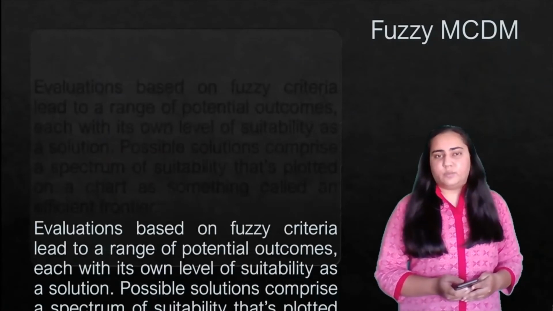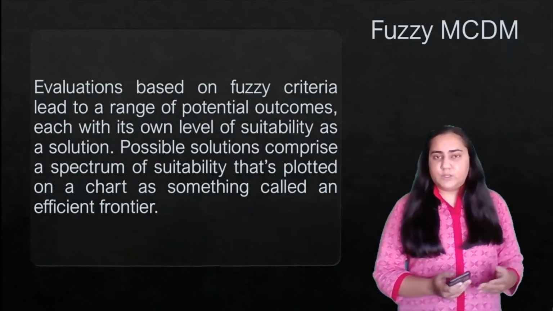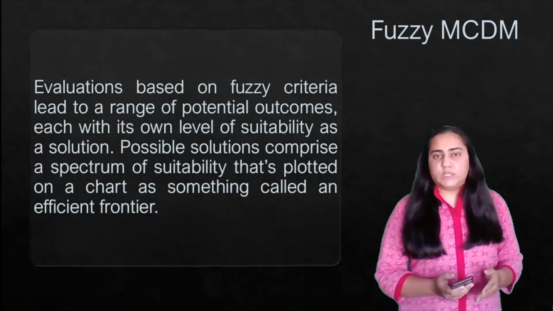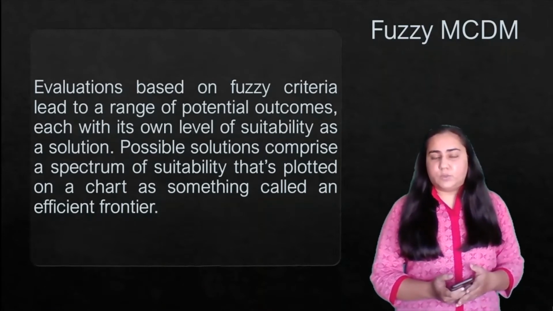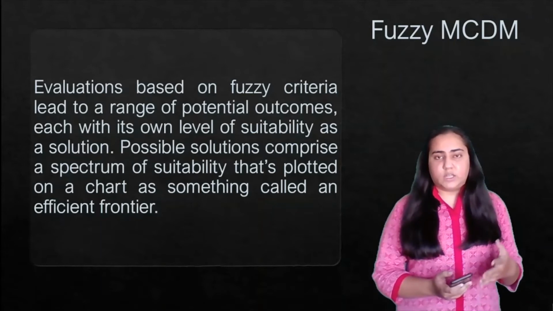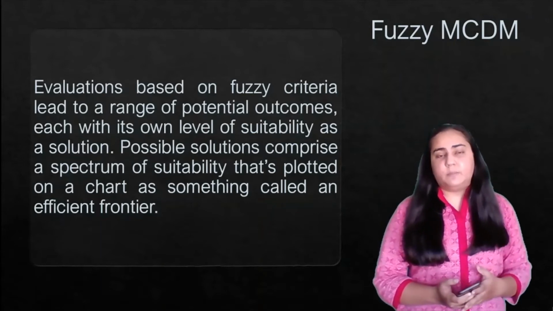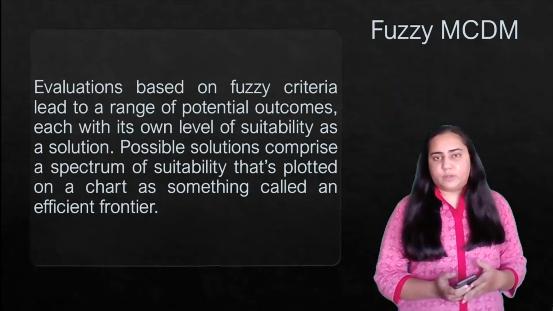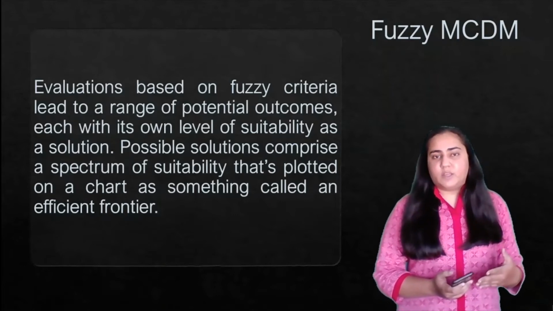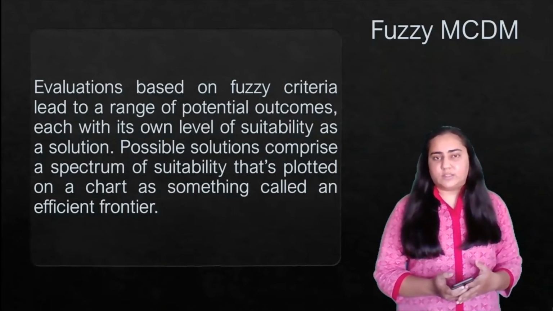So let's see a little bit more about it. Evaluations based on fuzzy criteria lead to a range of potential outcomes, each with its own level of suitability as a solution. And possible solutions comprise a spectrum of suitability that's plotted on a chart as something called an efficient frontier.